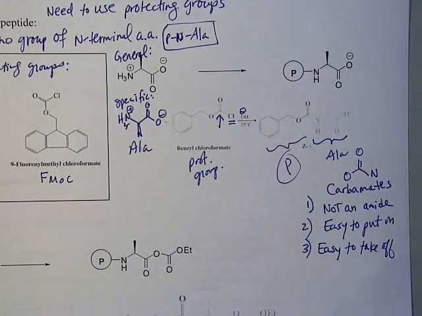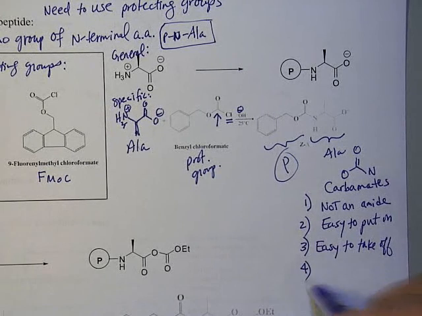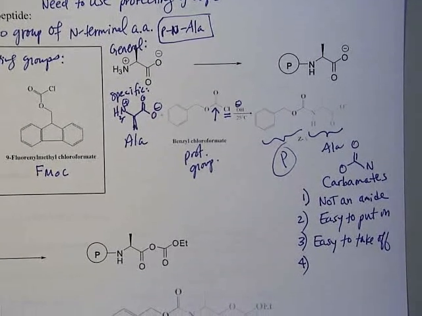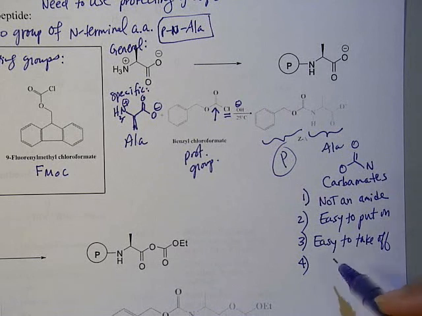And we don't want it to be so easy to take off that it automatically comes off without trying to. So you want a protecting group that is sort of in the middle, where it doesn't come off immediately, but it takes a little bit of effort. But in this case, it comes off when you want it to, all right?